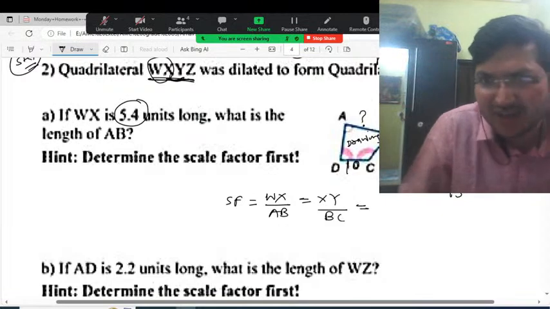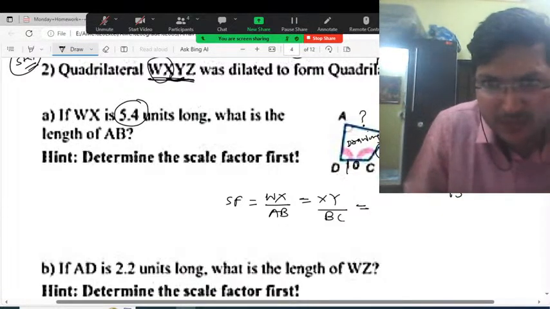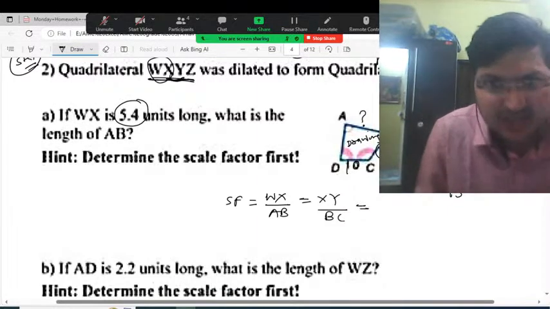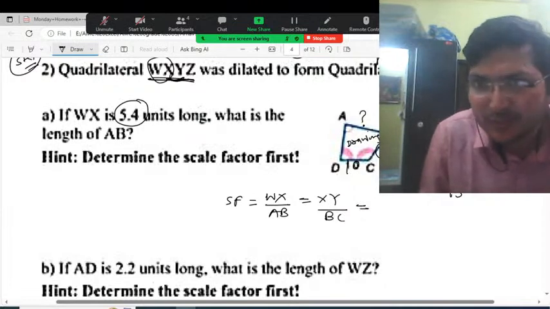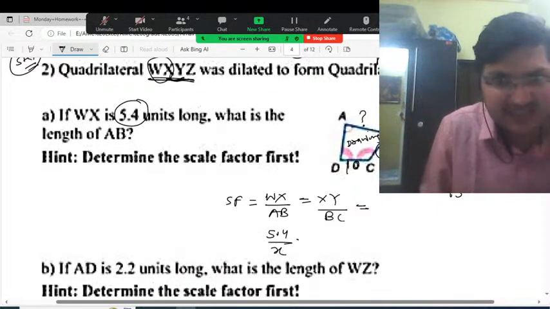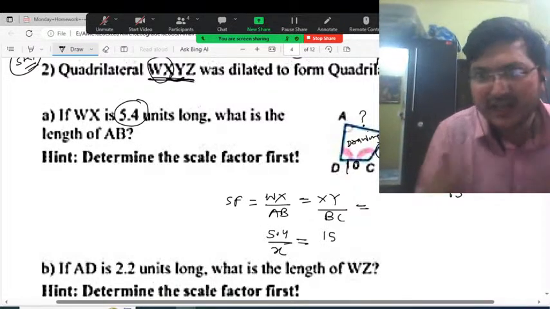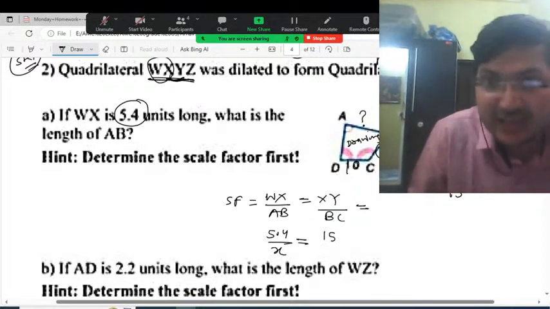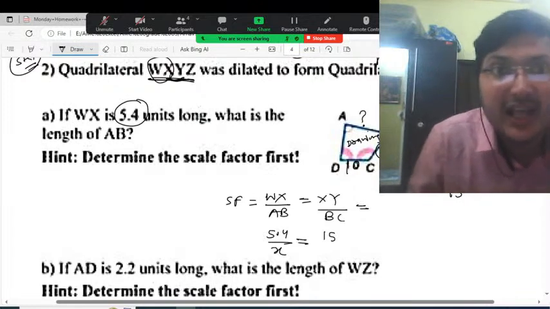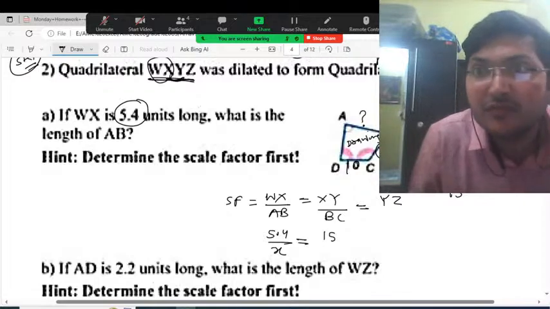We need not use BC, because we already know that they are dilated. Even if this dimension is not clear, we can find the answer, because we will directly use WX, that is 5.4. We want AB, let's say it is x. We will write XY, which is given to be 15, over BC.